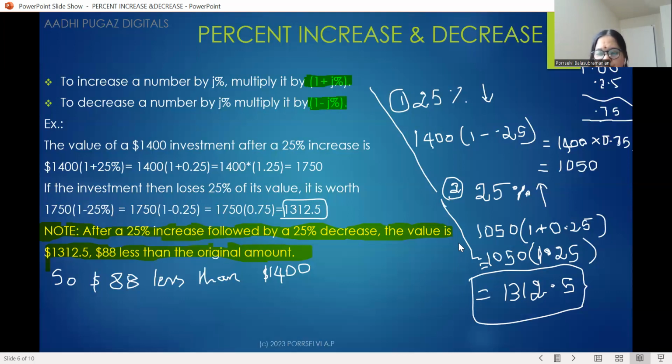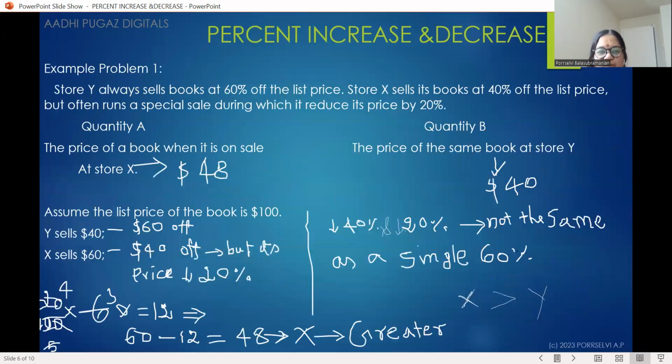Okay, next another example. Store Y always sells books at 60% of the list price. Store X sells its books at 40% of the list price, but often runs a special sale during which it reduces its price by 20%.